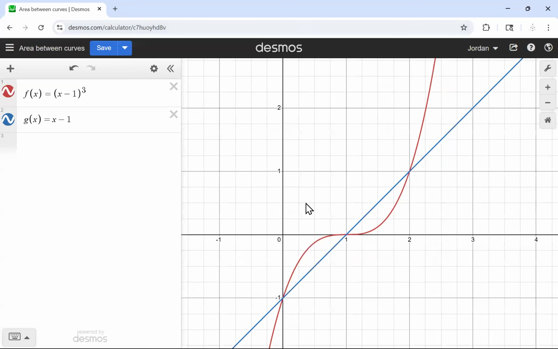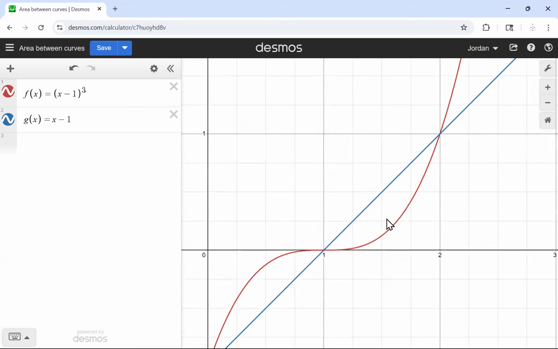The first quadrant is, again, the positive x's and positive y's, so above the x-axis and to the right of the y-axis. And so the only region there in the first quadrant is this one. Therefore, we're going to be integrating from an x value of 1 to an x value of 2.